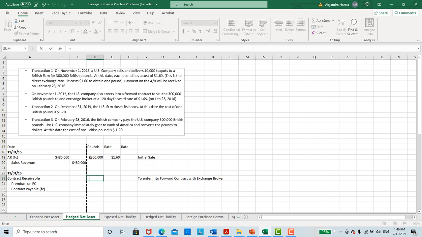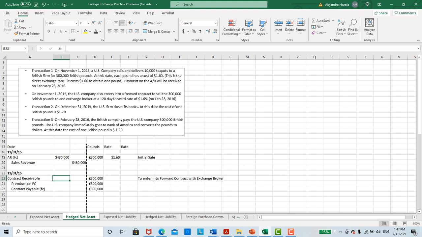We're going to be dealing in all cases here with 300,000 British pounds. Okay, so those are going to be the units of foreign currency. Contract receivable is the amount of cash that you're going to get when you take the British pounds that you've got from your customer to the exchange broker, and the exchange broker is going to give you some dollars in exchange.